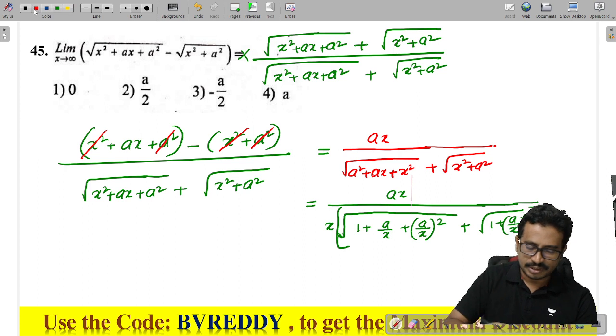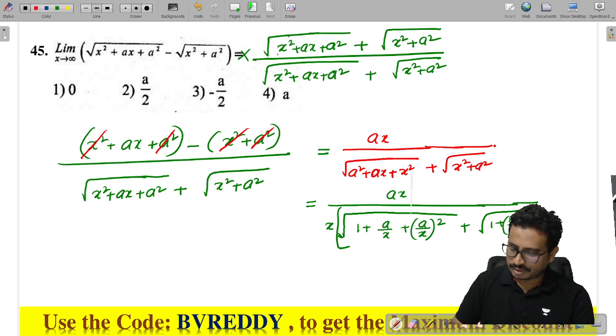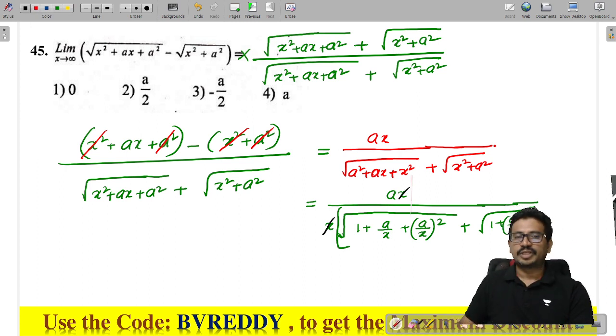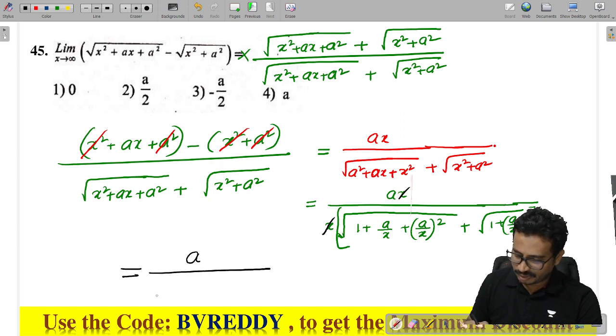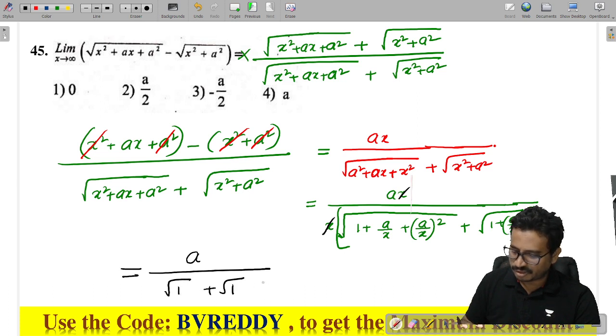X will get cancelled. Next, x will get cancelled. Now if you substitute the limit x tends to infinity, so then what I will get, this value, tell me here, which is nothing but a by, so square root of 1, so this is 1 plus square root of 1 will come now, which is nothing but a by 2.